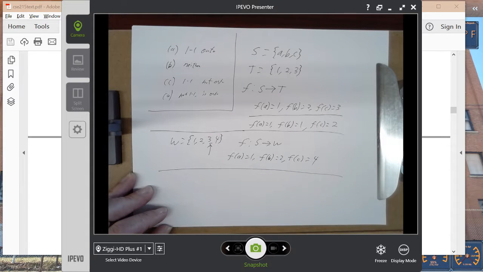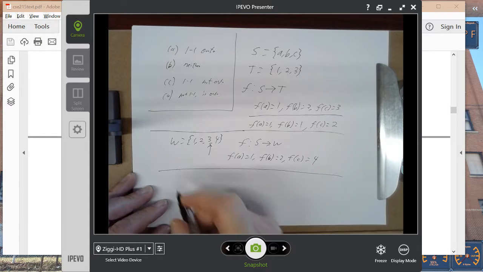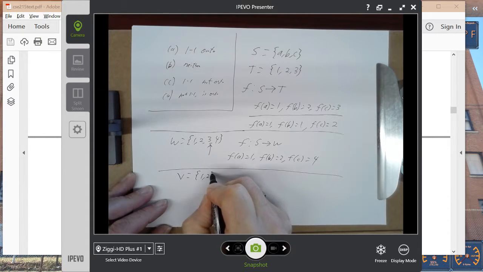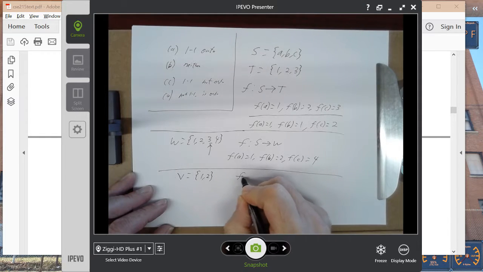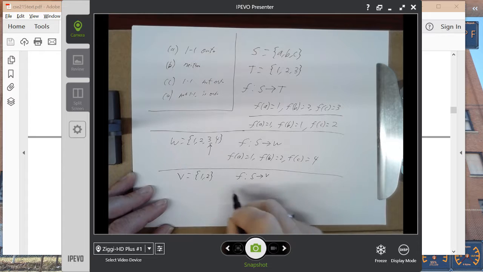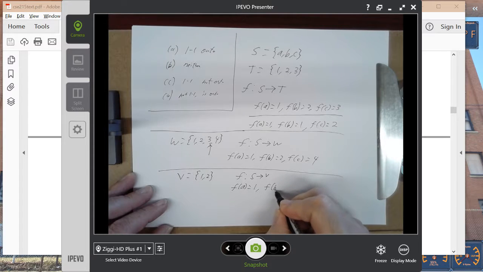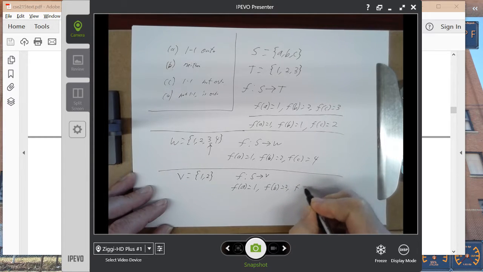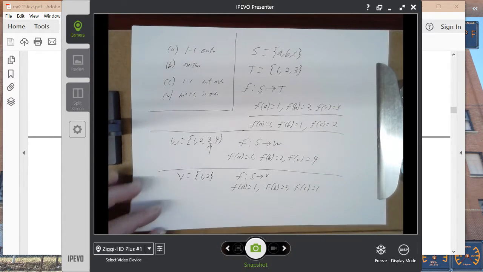And our fourth example, we want it to be surjective but not 1-to-1. Well, let's make a new set V, which contains the elements 1, 2, and define f from S to V. So f of A could be 1, f of B could be 2, and f of C could be 1.